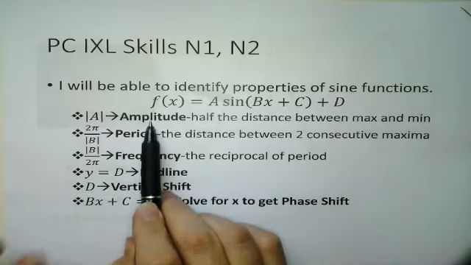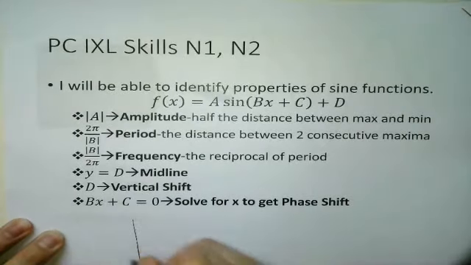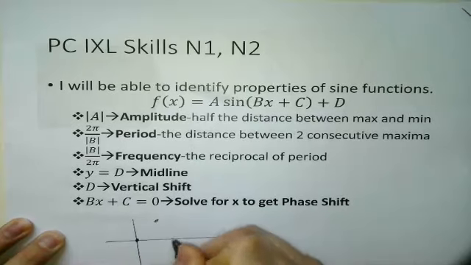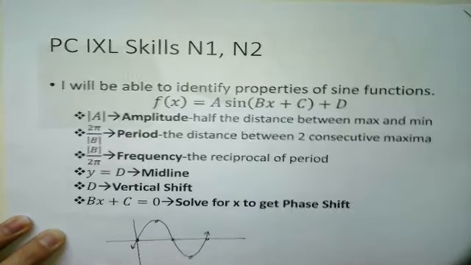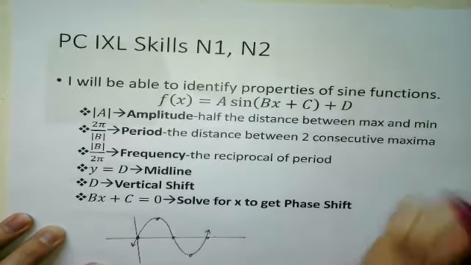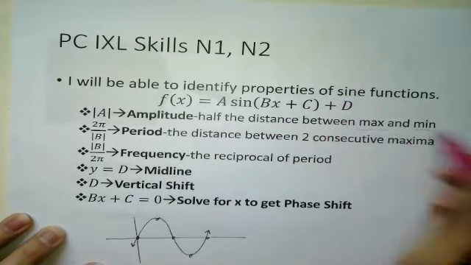So amplitude, we know that if I have a sine curve, and if you remember, sine was middle, high, middle, low, middle, and that's our sine curve. Then the amplitude is half the distance between the max and the min.